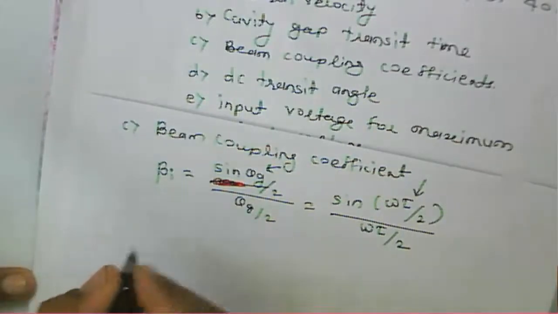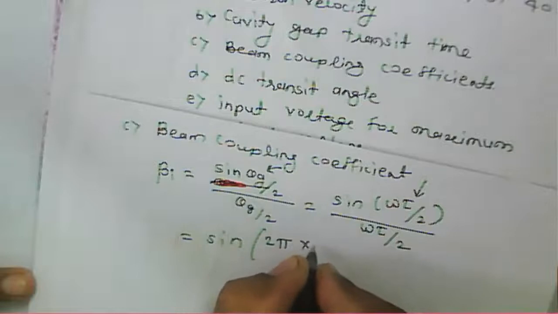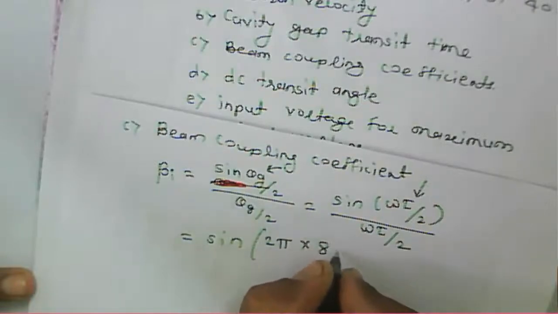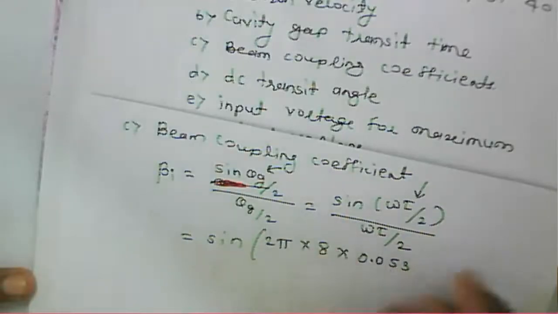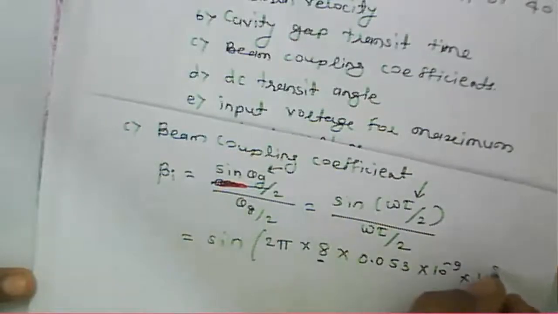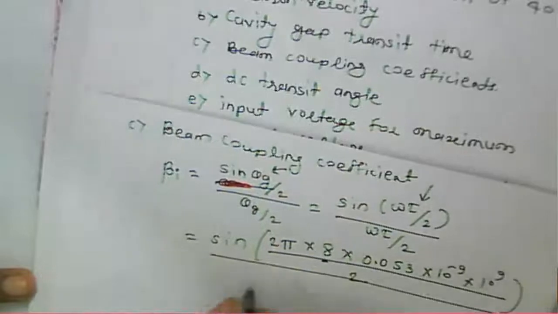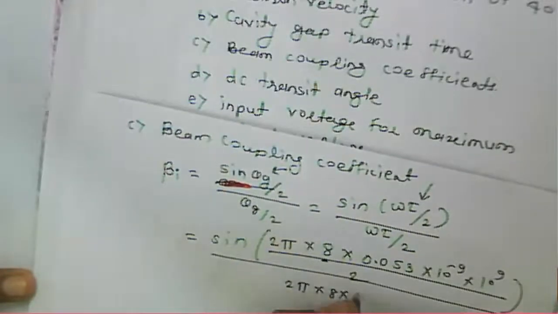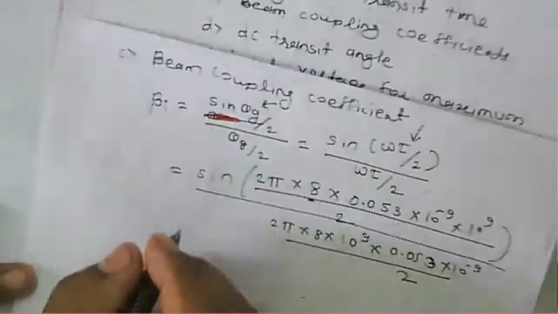Now if we put in the value of omega here, we get sine of 2 pi f tau divided by 2, over 2 pi f tau divided by 2. The frequency is 8 gigahertz, that is 8 × 10^9, and tau is 0.053 × 10^-9. The 10^9 and 10^-9 cancel.